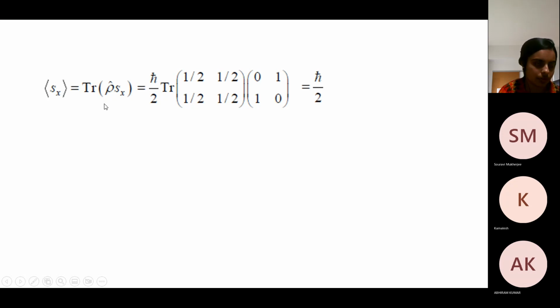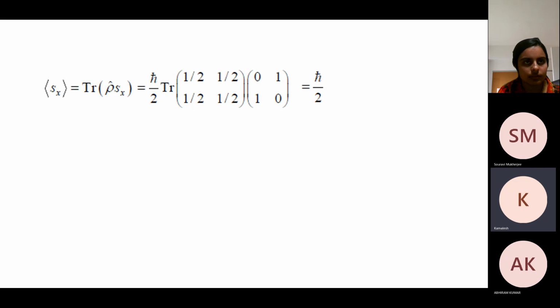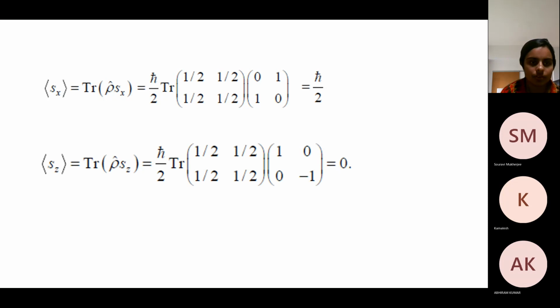You get h cross by 2 when you do Sx. So that matches with our physical understanding, correct? So for Sz, it should be 0. So do you understand that physically? Why is Sz 0?